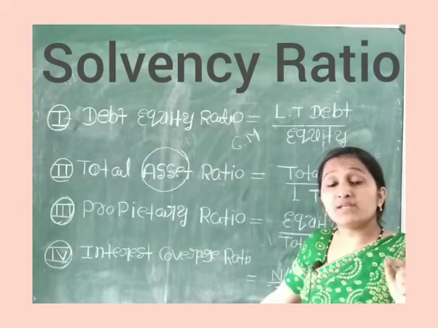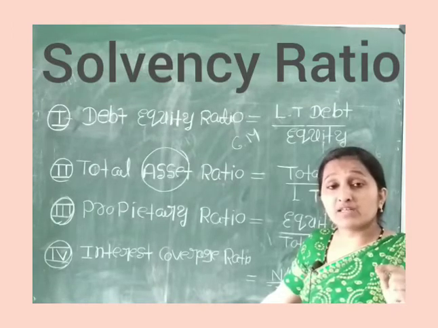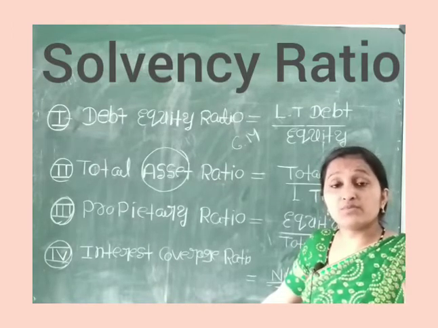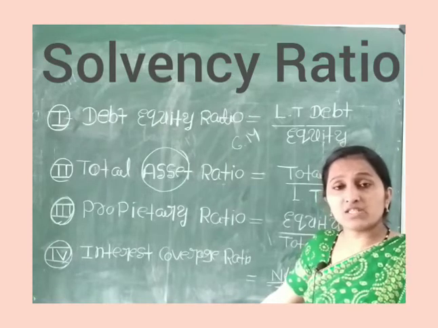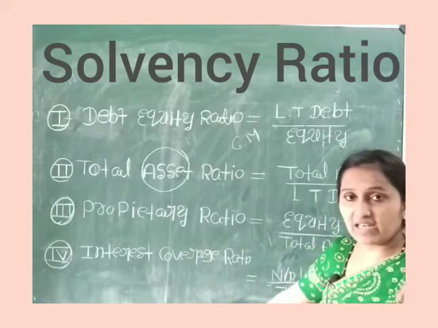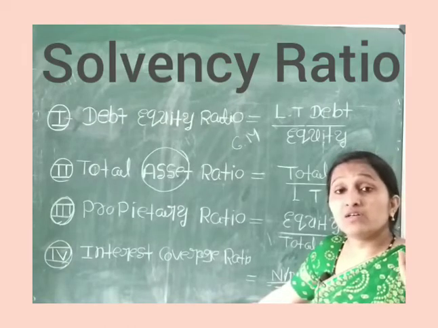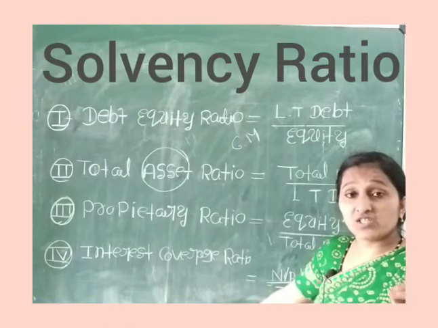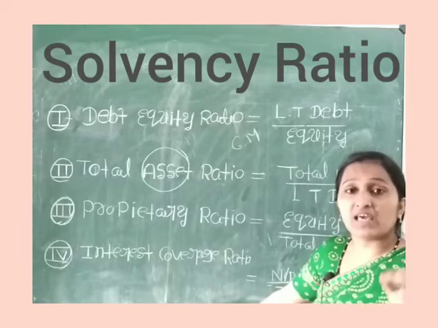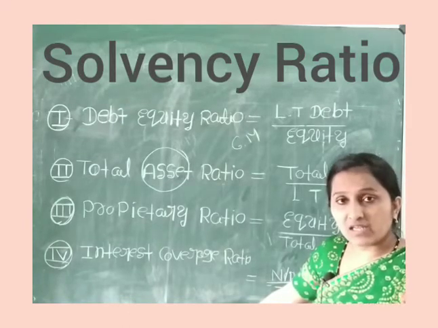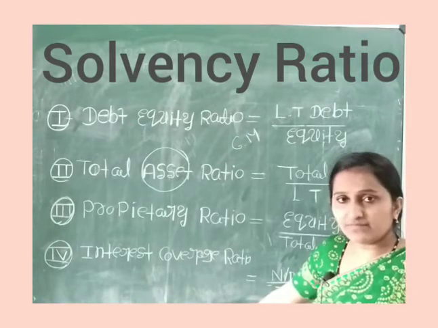So concept based learning should happen. Practice more than 4 to 5 problems on one concept. If this information is given, how to calculate; if the information is given differently, how to calculate. Based on the given information only, in accountancy we do the calculation, the ascertainment, and record at the end.